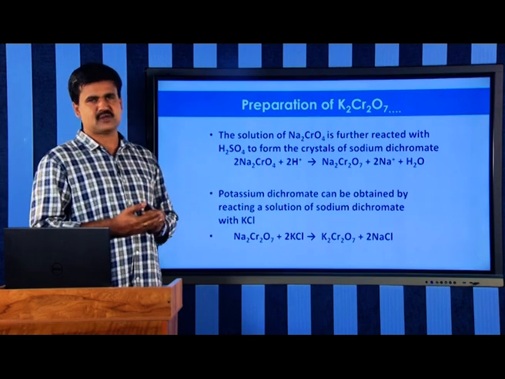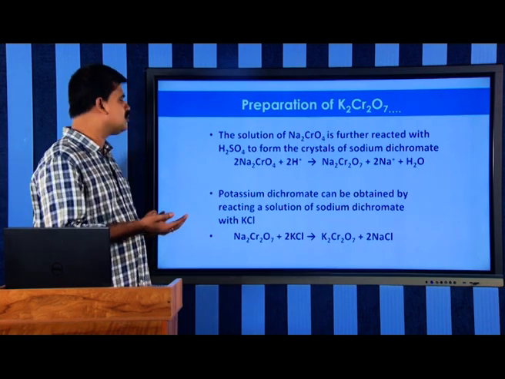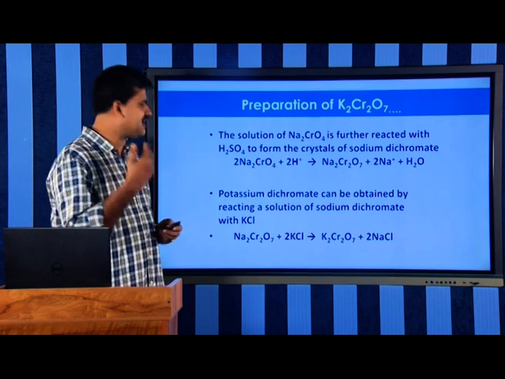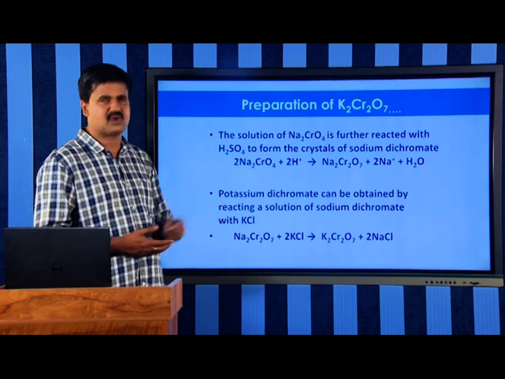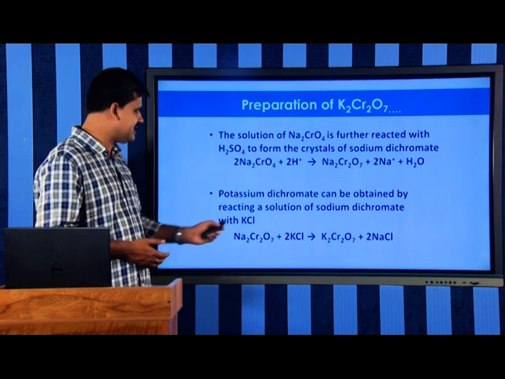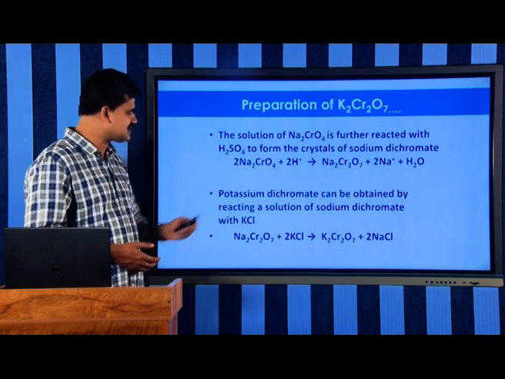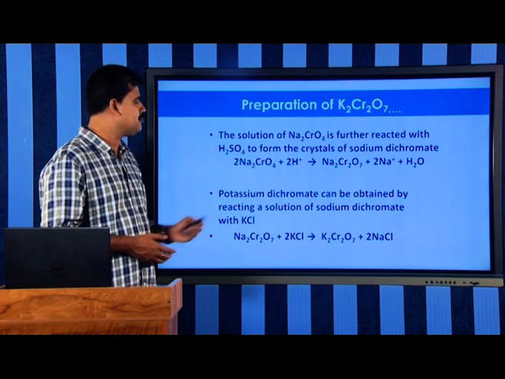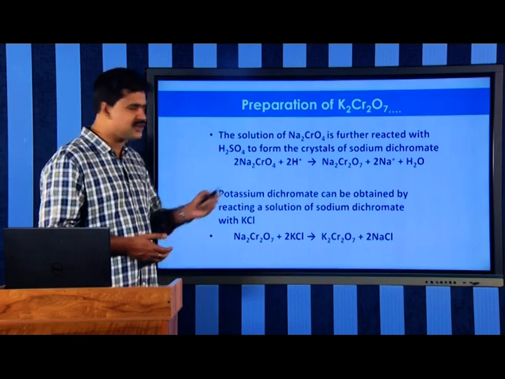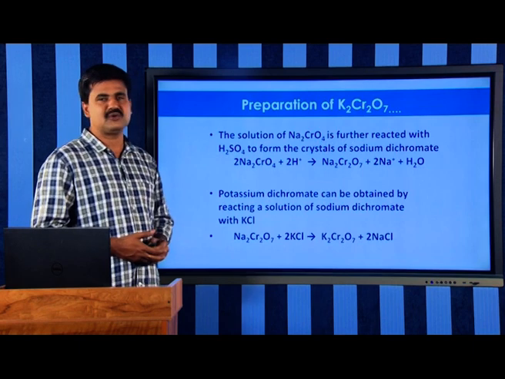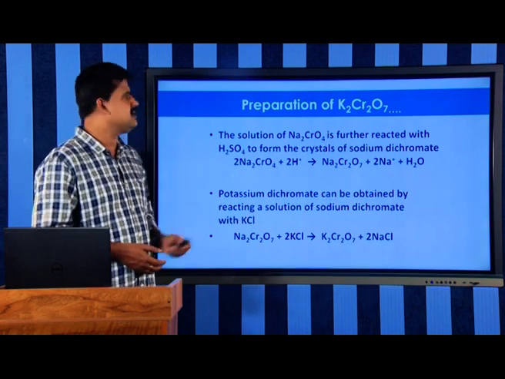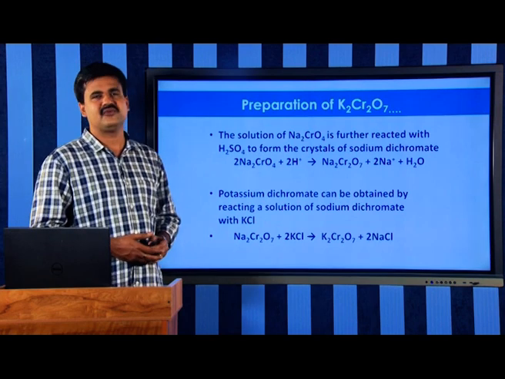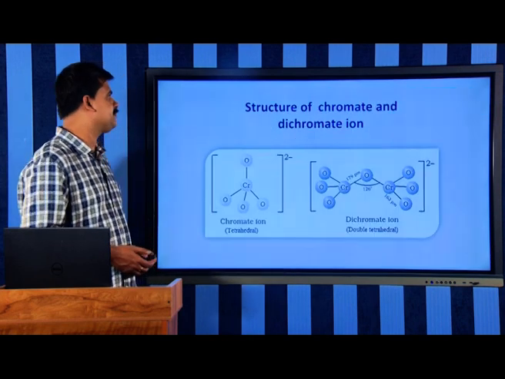The sodium dichromate is converted to potassium dichromate in the final stage by reaction with potassium chloride. The reaction is Na2Cr2O7, that is sodium dichromate, plus 2 KCl produces our required compound, K2Cr2O7, and sodium chloride. That is about the preparation of potassium dichromate.